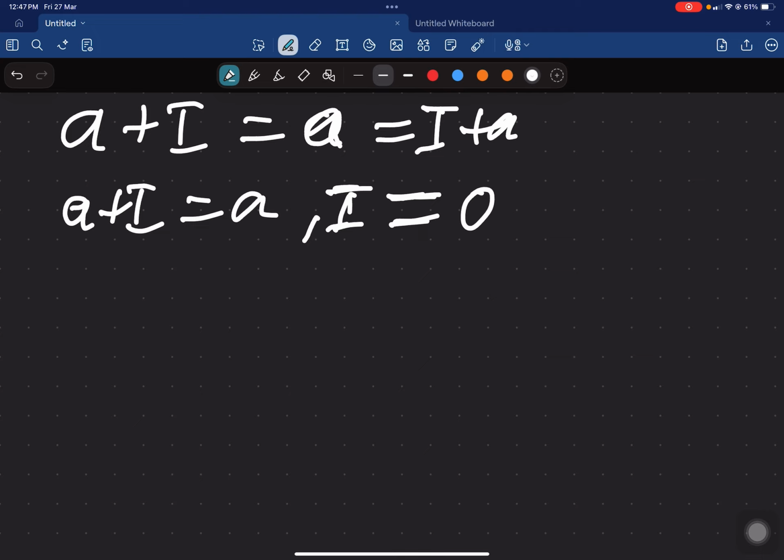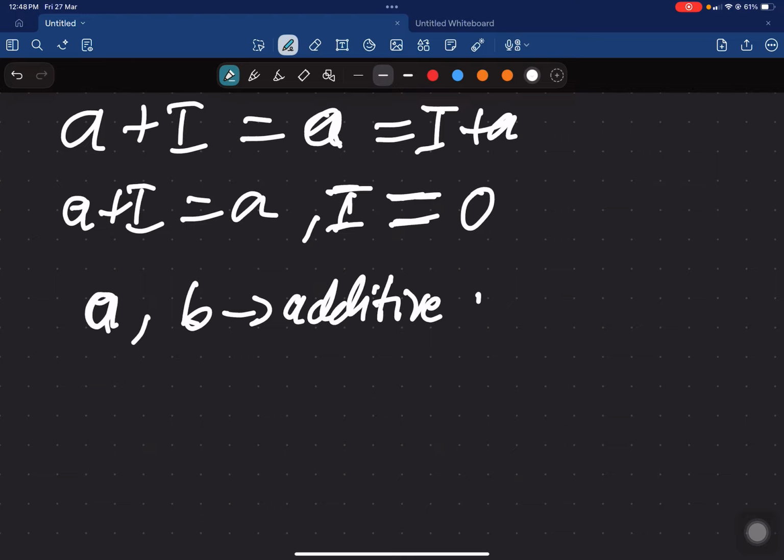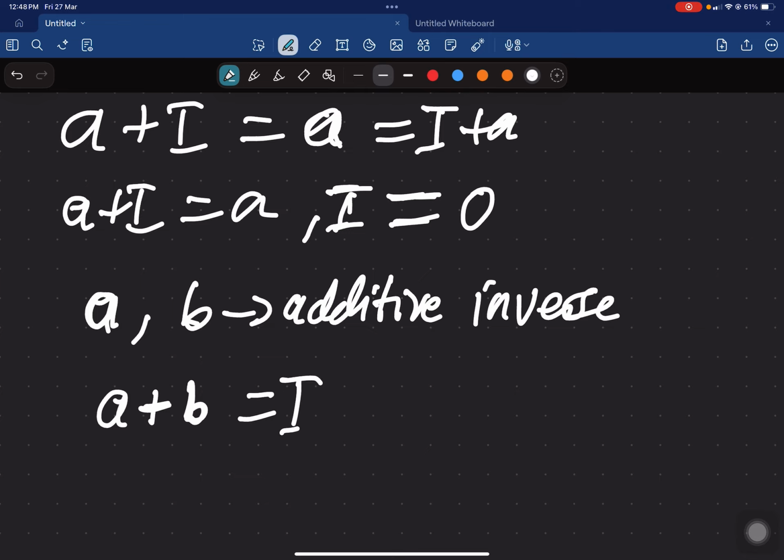Let's look at the additive inverse now. The additive inverse means that if a is our integer and b is the additive inverse, then when we operate a in addition with that additive inverse, we should get the identity element of that operation in the set.